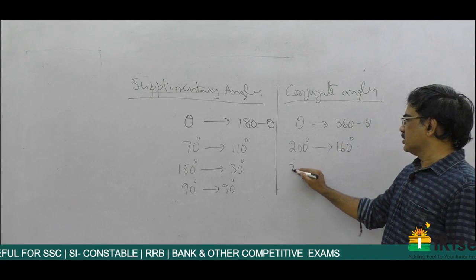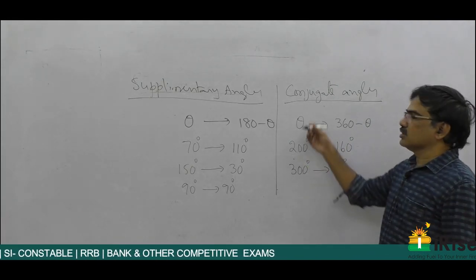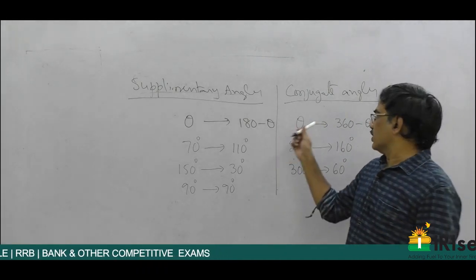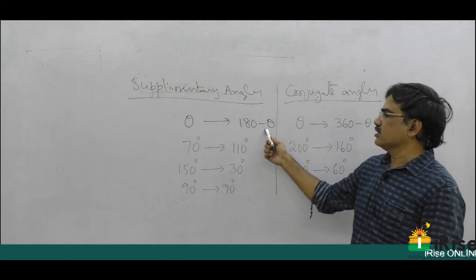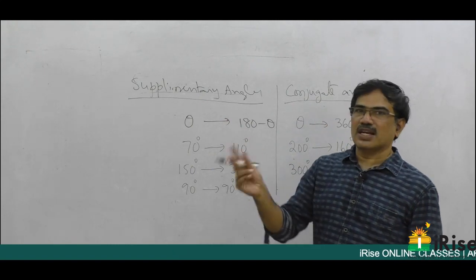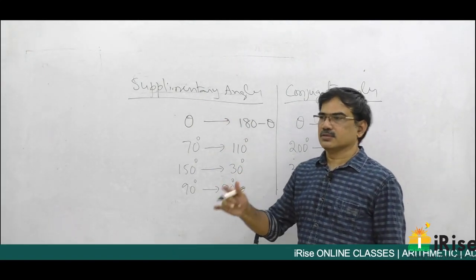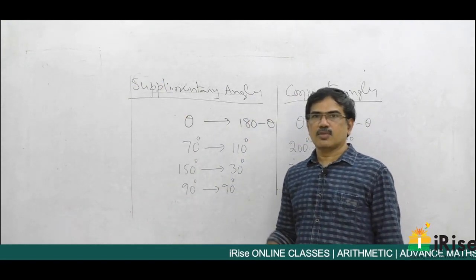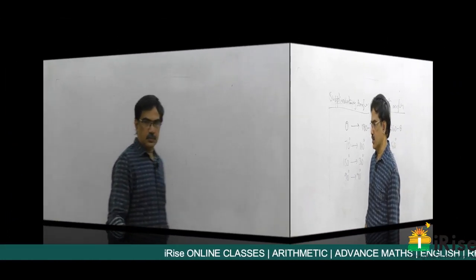The conjugate angle of 300 degrees is equal to 60 degrees. So these are called conjugate angles. If the sum of two angles is equal to 360, they are called conjugate angles. If the sum of two angles is equal to 180 degrees, they are called supplementary angles. If the sum of two angles is equal to 90 degrees, they are called complementary angles.